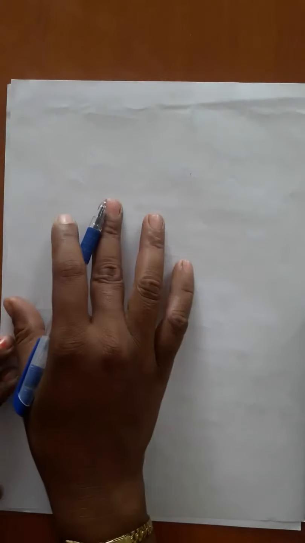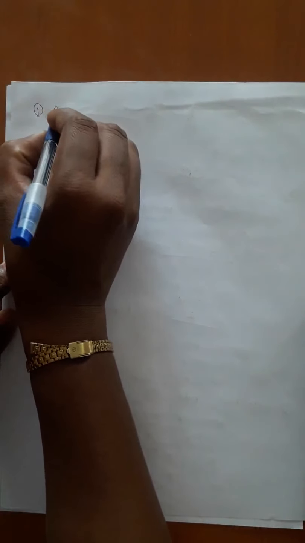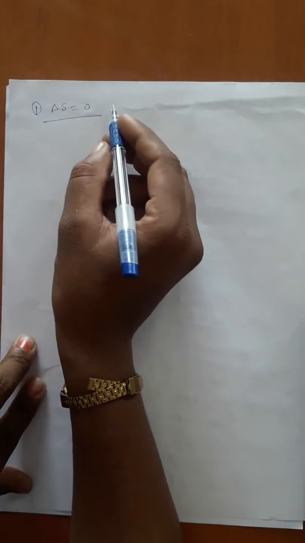Here is the summary of the selection rules. The first selection rule is delta S is equal to 0. If the value of delta S is equal to 0, then this transition is allowed, otherwise the transition is forbidden.